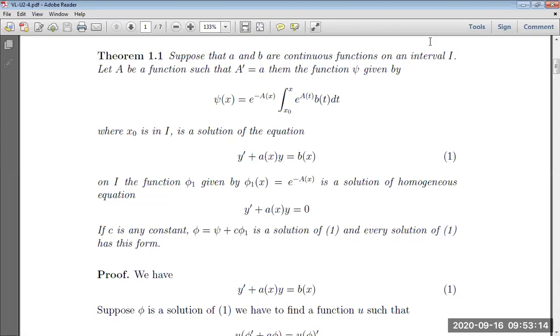If anybody has a doubt regarding the proof of this theorem, open it, unmute yourself and ask your doubt, or you may discuss regarding this theorem.